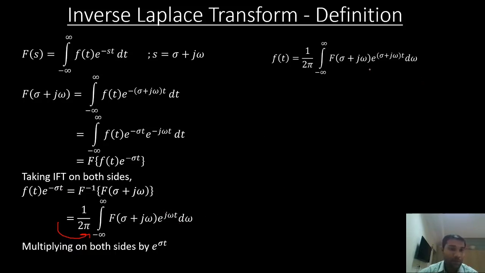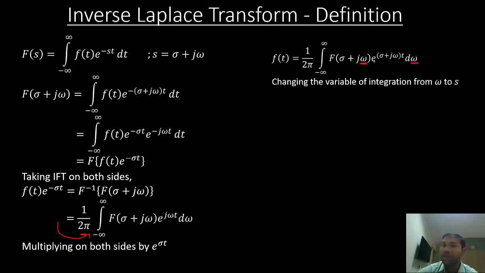What happens? e power sigma plus j omega times t. Sigma is the real part and this is the imaginary part, right? And my integration variable is omega. Sigma is nowhere concerned with my integration variable.